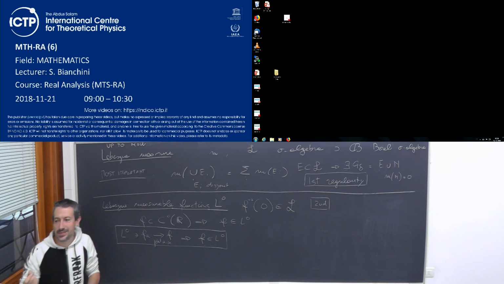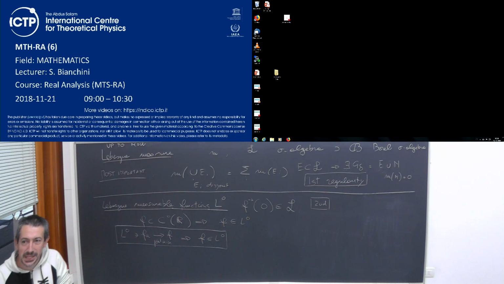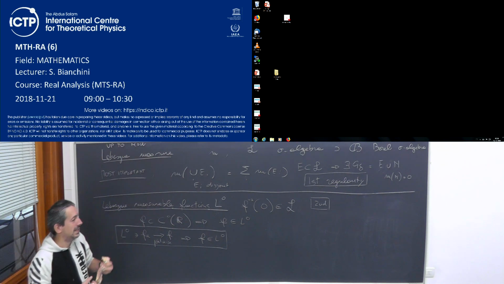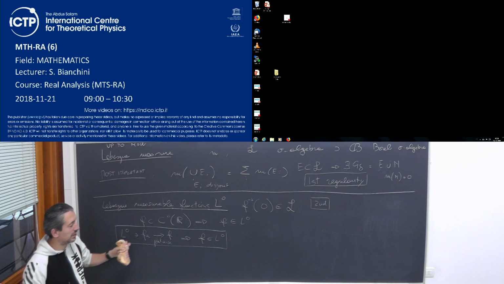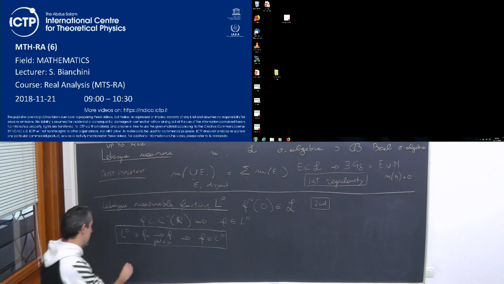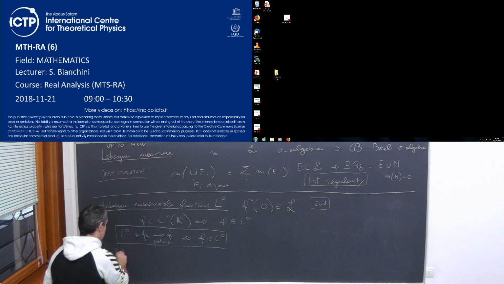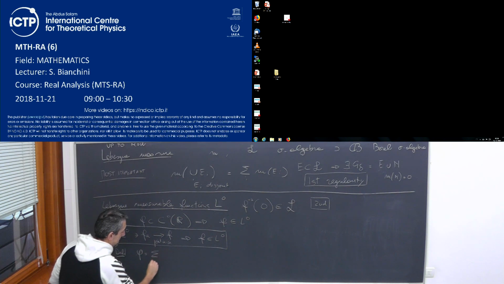And then I'm starting to be in trouble a little bit. But they construct step functions, and they construct simple functions. So let's remember the definition here. A simple function phi is a finite sum of constants.